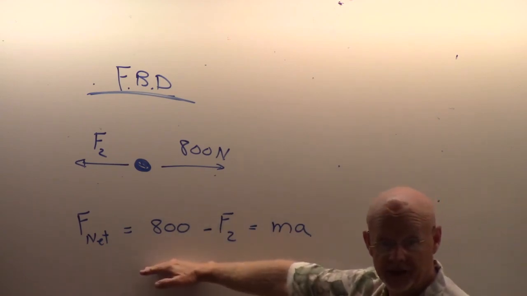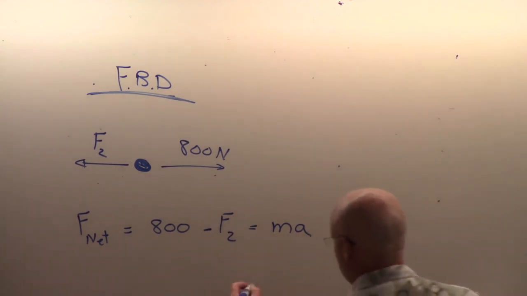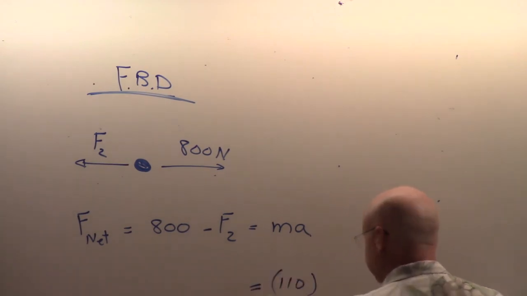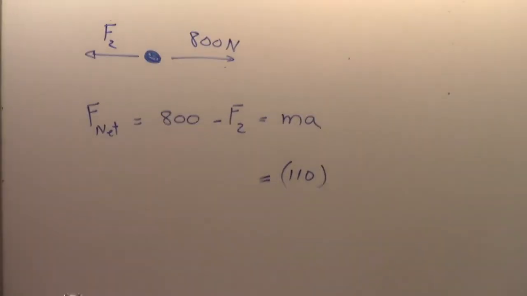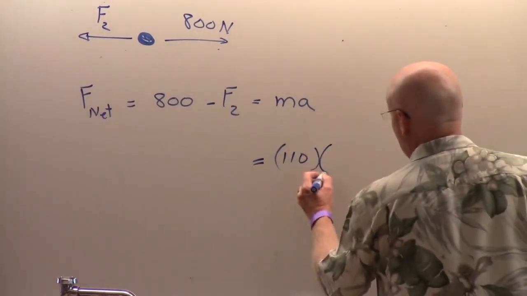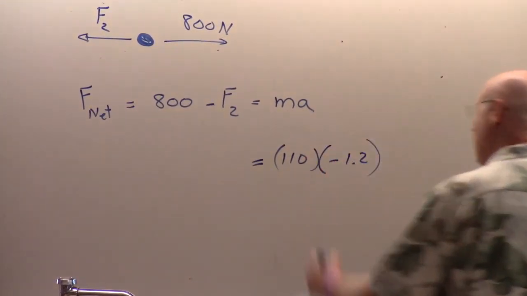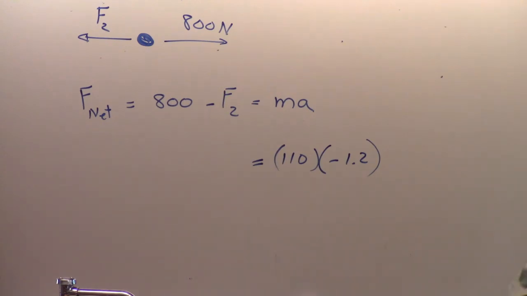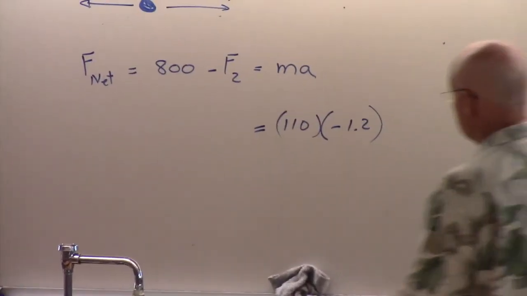Add up all the forces, set it equal to ma. And in this case, the second player has a mass of 110, and I'm presuming, since they are wrestling together, that the acceleration of each player is the same as they're kind of moving on backwards.